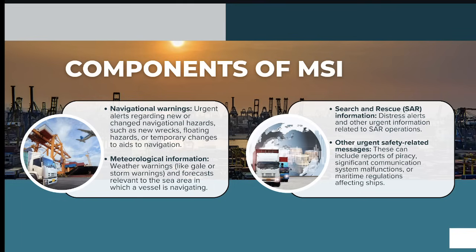These can include reports of piracy, significant communication system malfunctions, or maritime regulations affecting the ships, or any other urgent information that is essential for the safety of navigation and persons at sea.